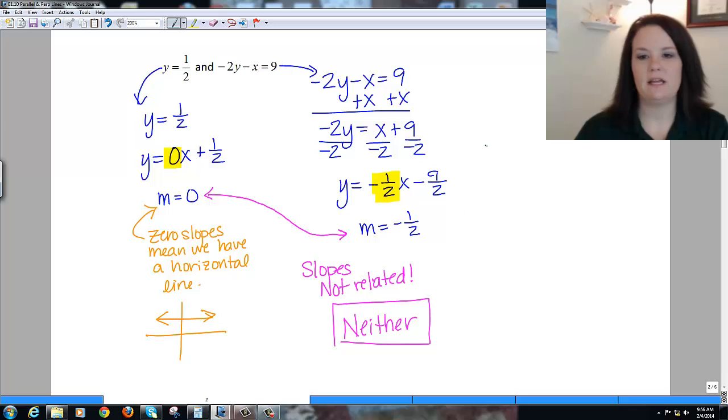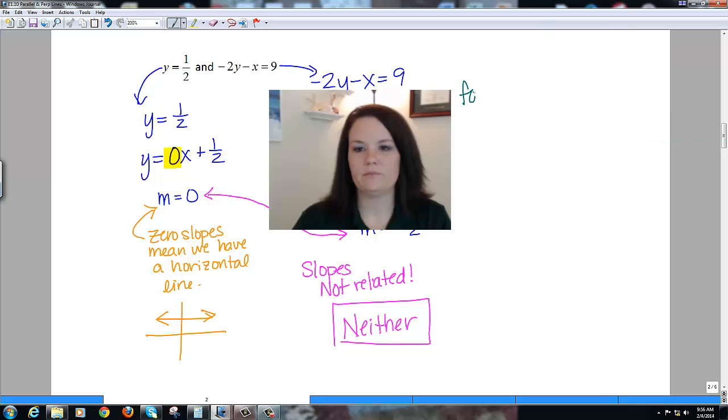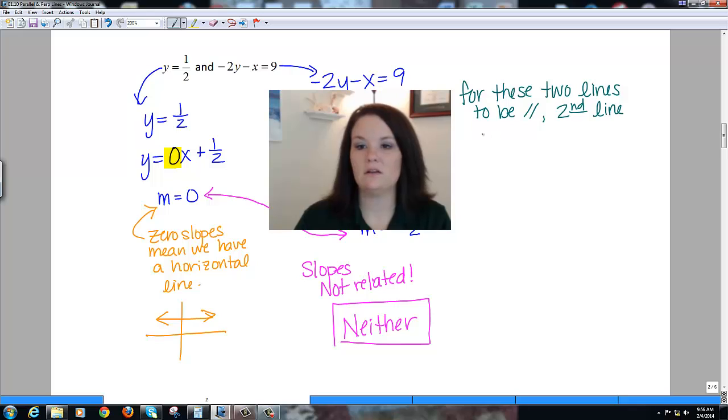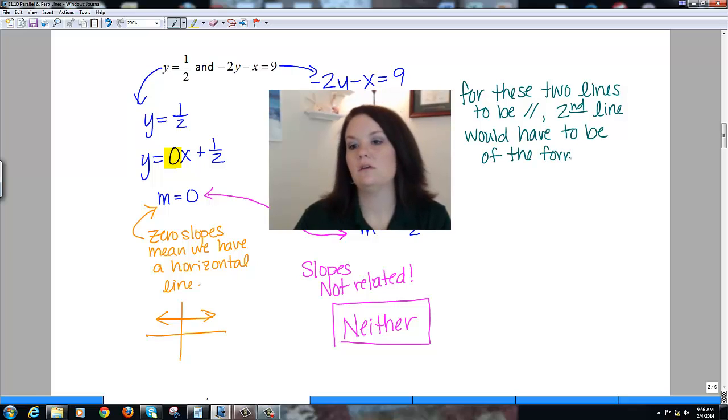So I'm going to go ahead and say over here, for these two lines to be parallel, the second line would have to be of the form y equals some number, right?